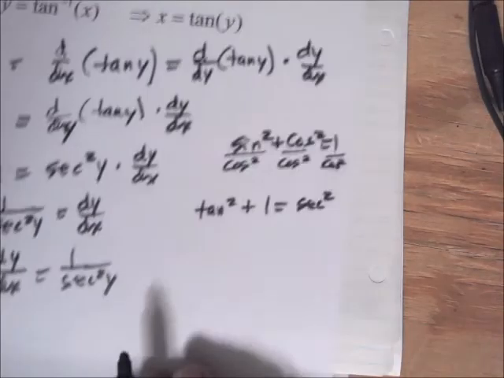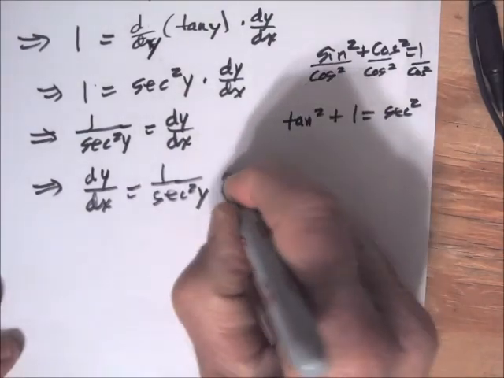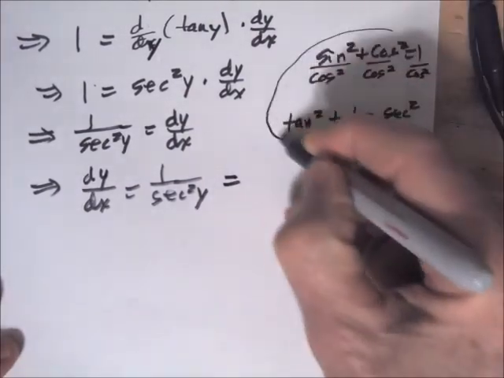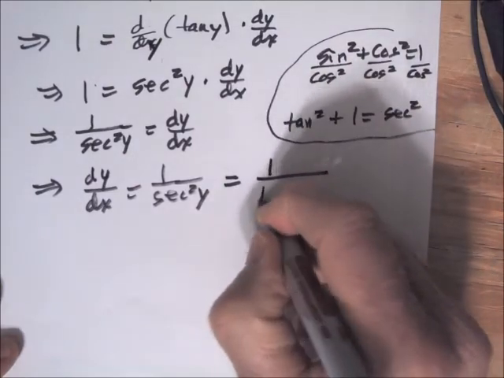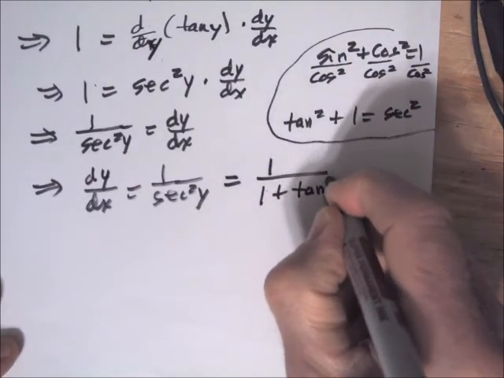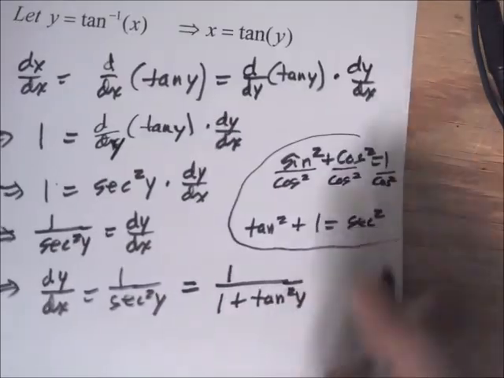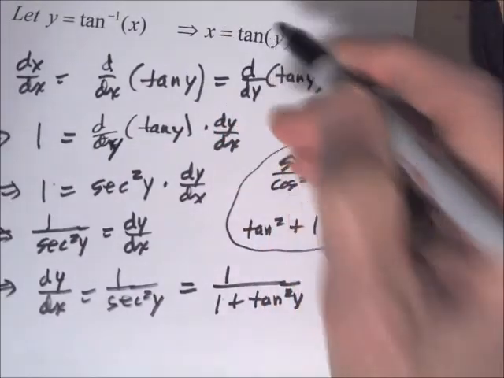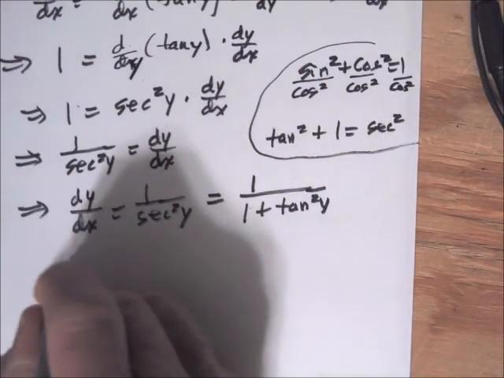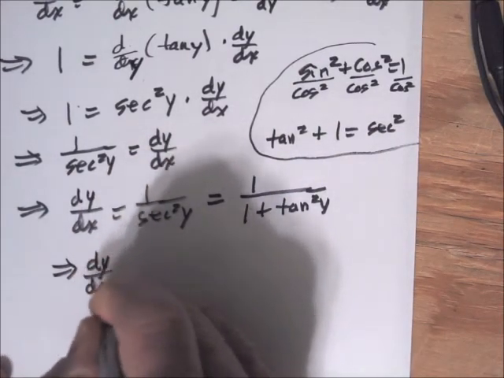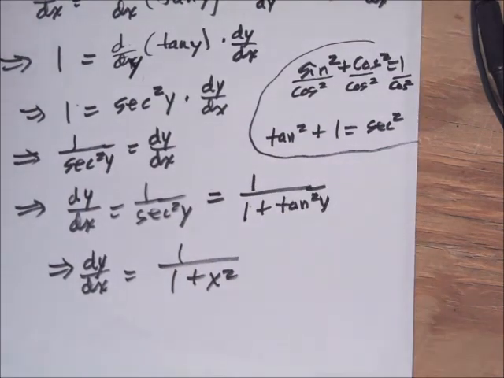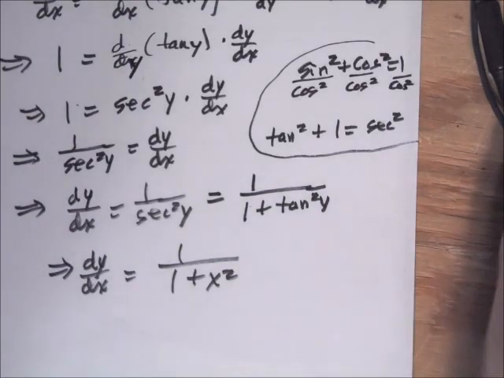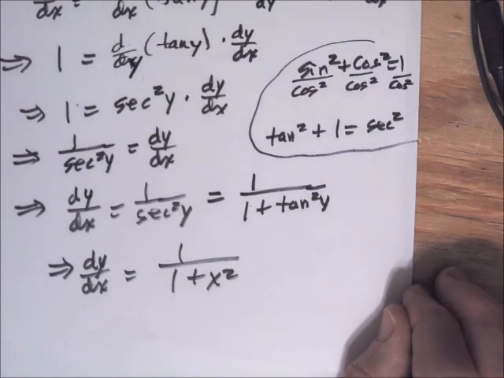So we can write this as 1 over 1 plus tangent squared y. But x is equal to tangent y, so dy/dx is equal to 1 over 1 plus x squared. Okay, so that's the proof of that identity. So anyway, that concludes this presentation.